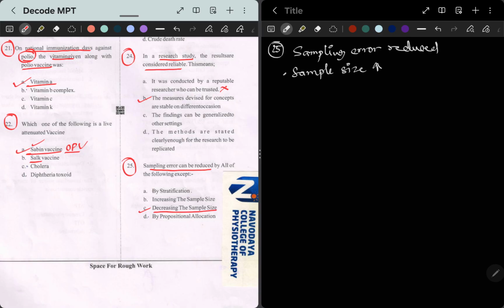Stratification and proportional allocation are also used. So sampling error can be reduced by all of the following except decreasing the sample size.